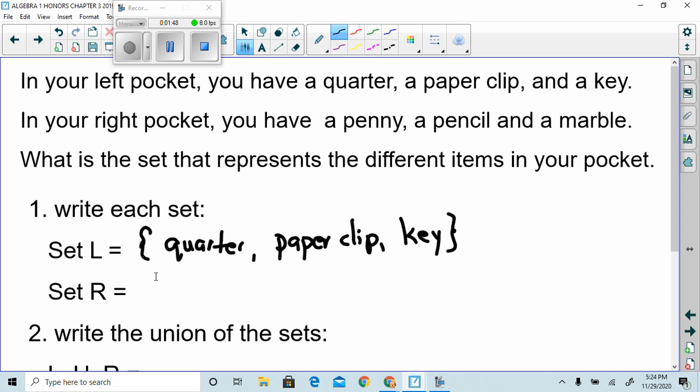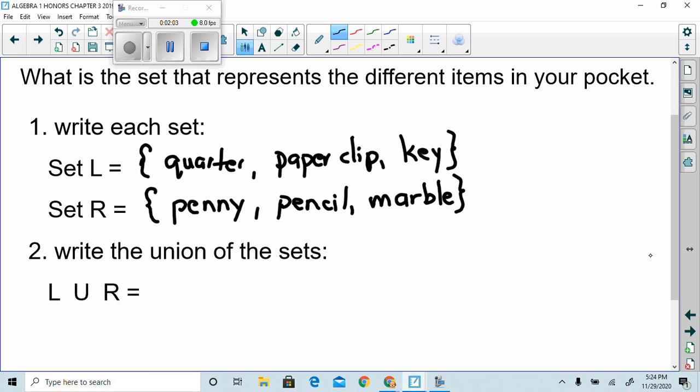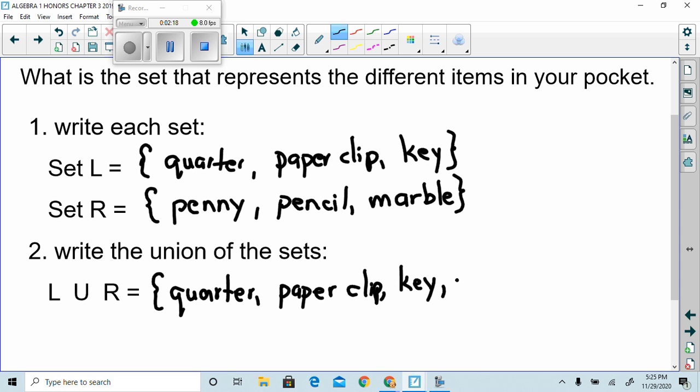Onto our right pocket, or set R. That includes the penny, the pencil, and lastly, the marble. Again, if we want to unite these two, we're going to bring the elements of both together, which means we're simply going to write all the elements of L together with all the elements of R. And we're going to make this one big united set.